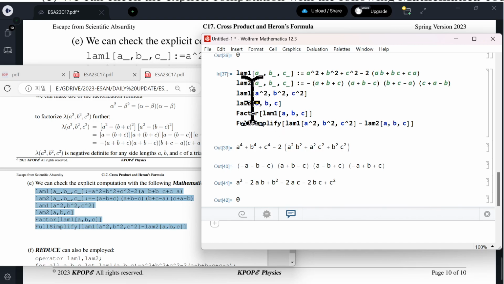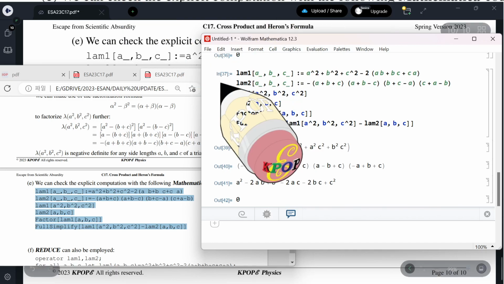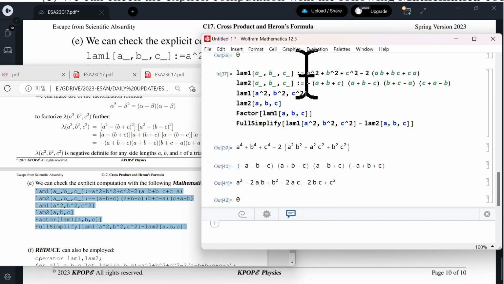And we substitute lam1. Mathematica doesn't expand or simplify if I do not ask.